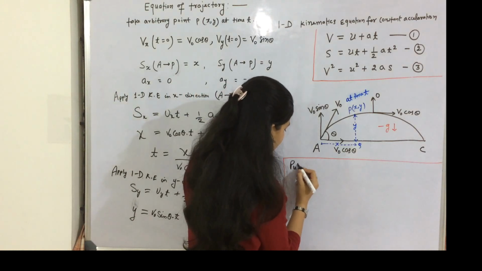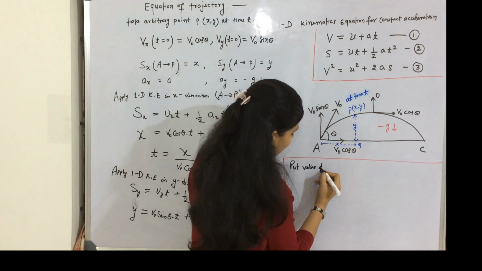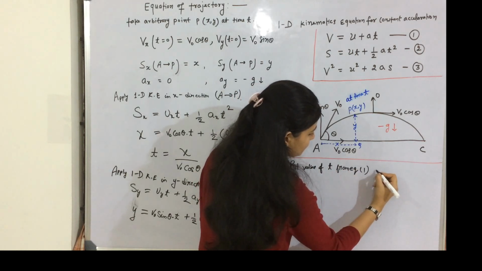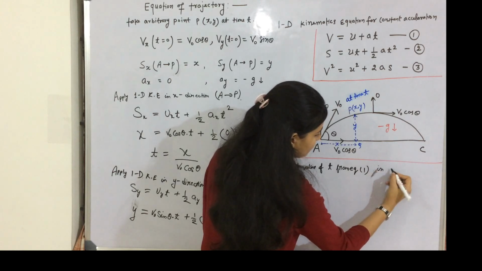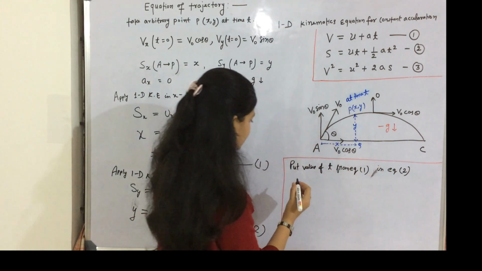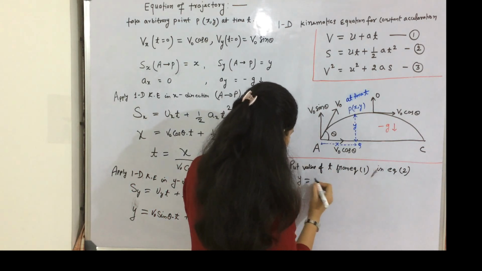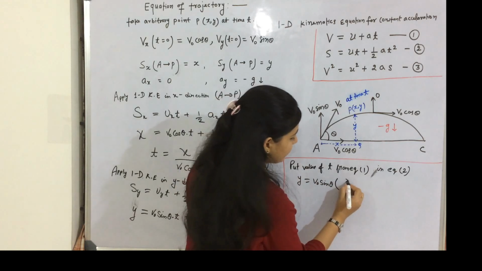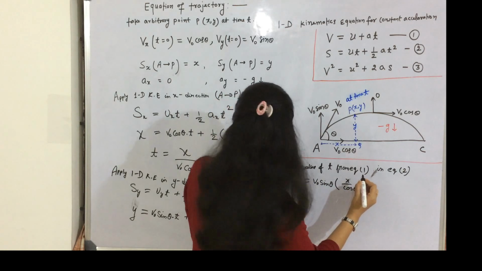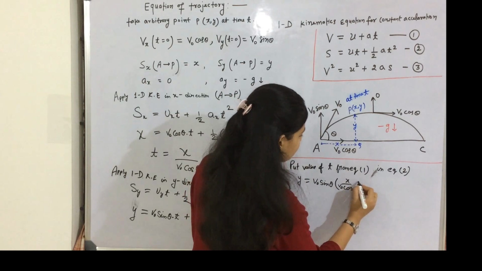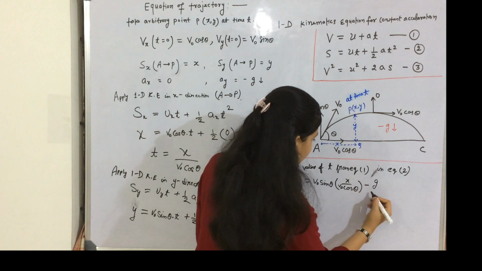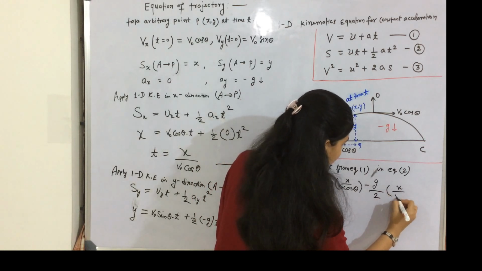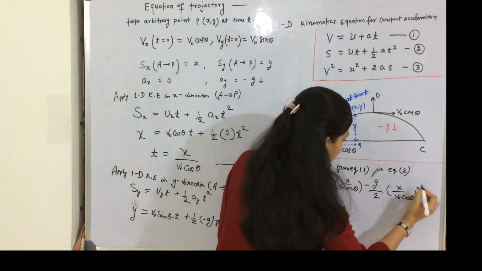So we have y equal to v naught sin theta, the value of t is x by v naught cos theta, minus g by 2, again x by v naught cos theta, whole square.